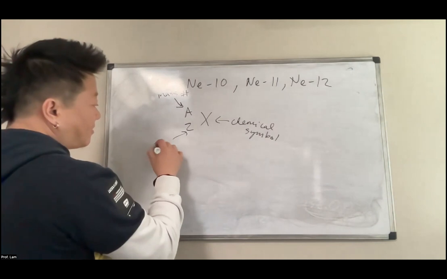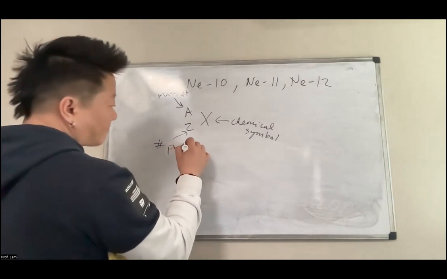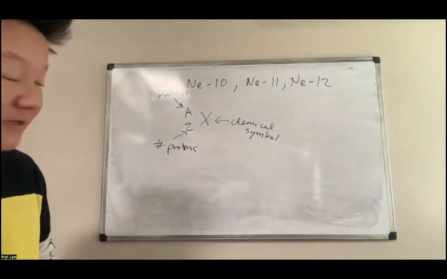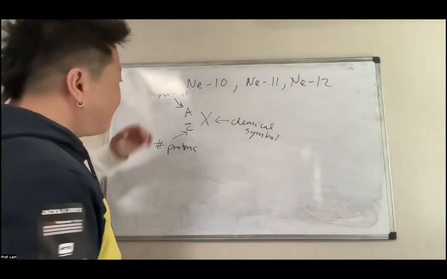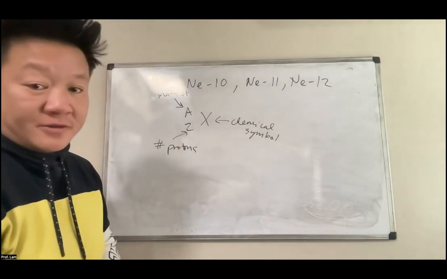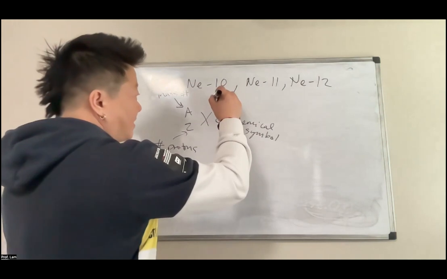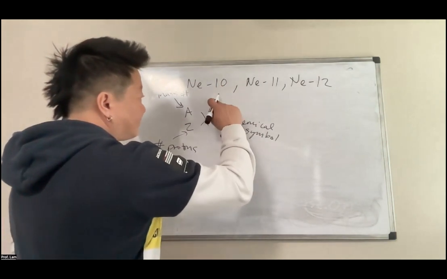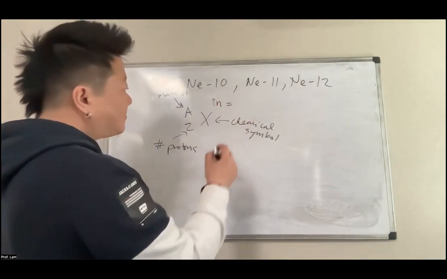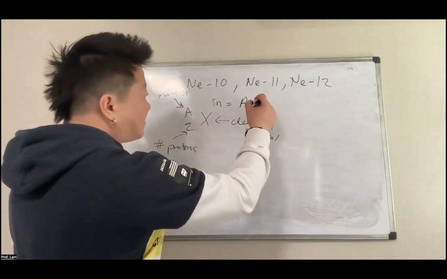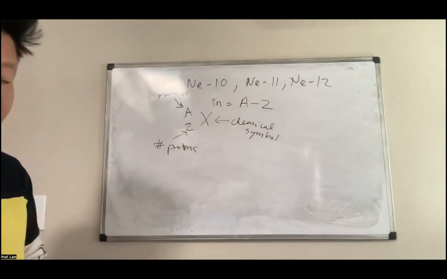And this is the number of protons. Okay. So that means if you want to know the number of neutrons, all you simply do is take the mass number, subtract the number of protons.